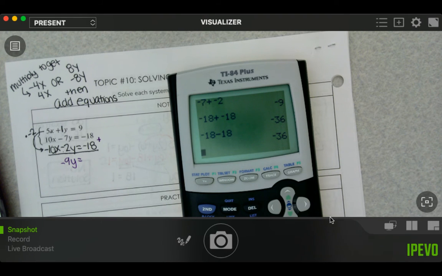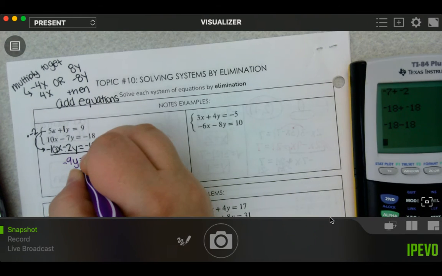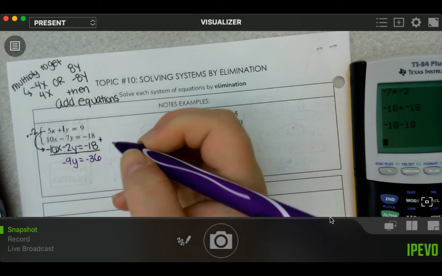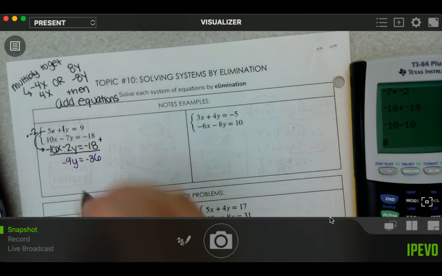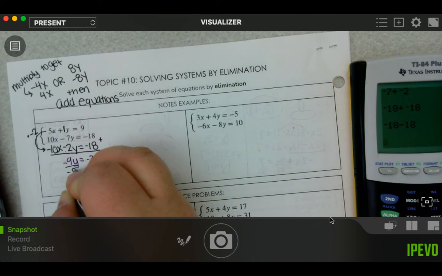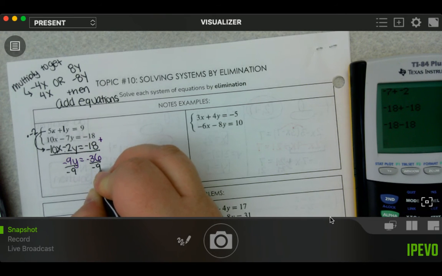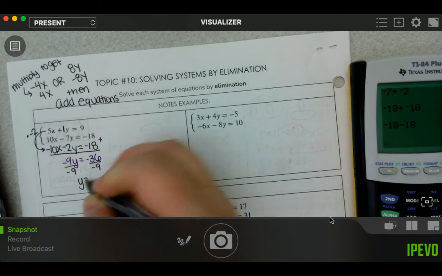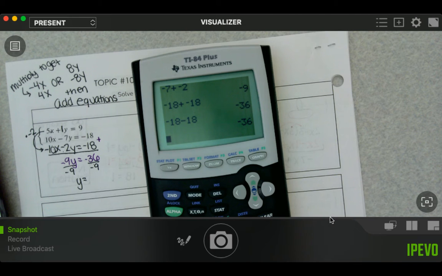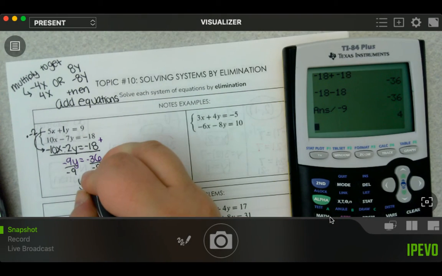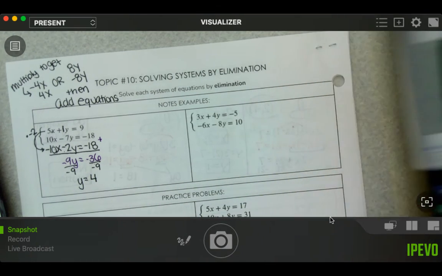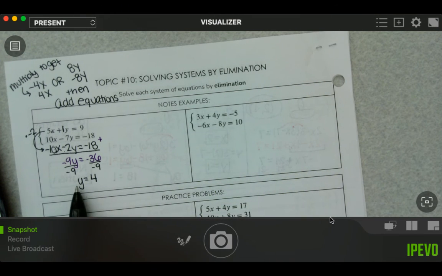Either one of those is fine. Negative 36. Then to get y by itself, we need to divide by negative 9. And negative 36 divided by negative 9 is 4. So that is your y value.